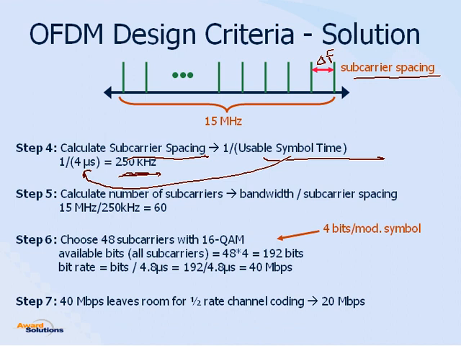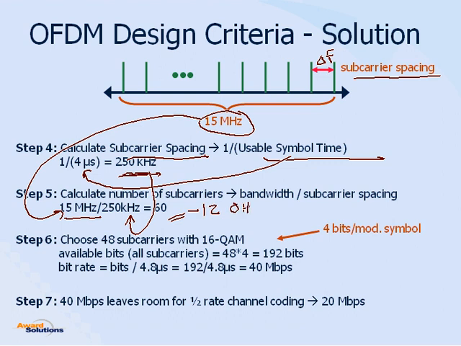Since we are given 15 megahertz, we will be able to squeeze in 15 megahertz divided by the spacing, 60 subcarriers. But not all of them are available for data. We mentioned that a dozen subcarriers are overhead subcarriers. So the usable subcarriers: 48.